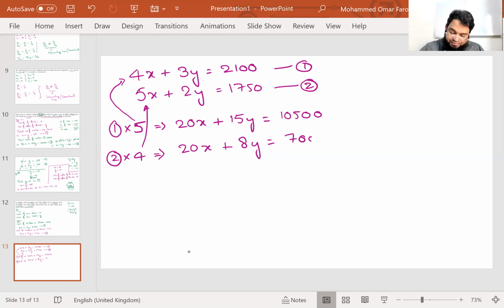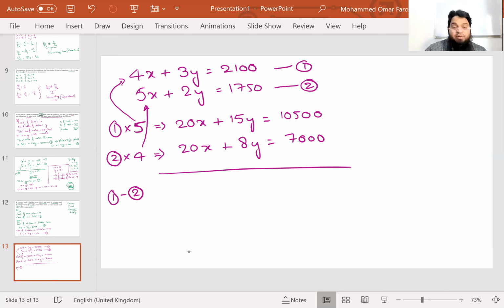Now since the coefficients of x are equal and the signs are also equal, let us subtract the first equation minus the second equation.